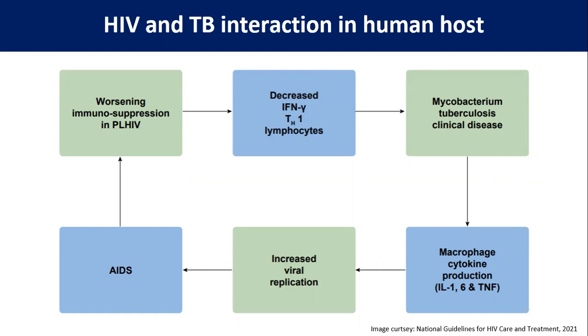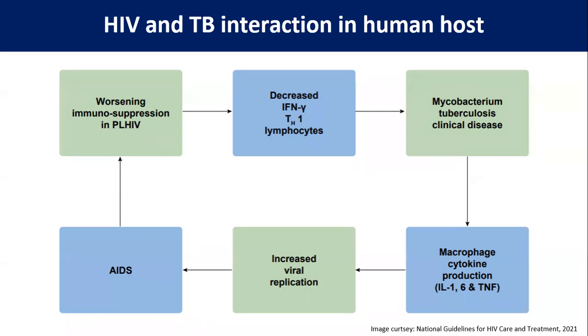As the pro-inflammatory cytokines go down, the mycobacteria that were contained in the Ghon focus in a PL-HIV get reactivated, and there is clinical disease. With the disease, there are more macrophages and cytokines like interleukin-1, 6, and tumor necrosis factor. Because of that, there is more viral replication, and this viral replication gives rise to further worsening of immunosuppression, and the cycle goes on repeating this way.